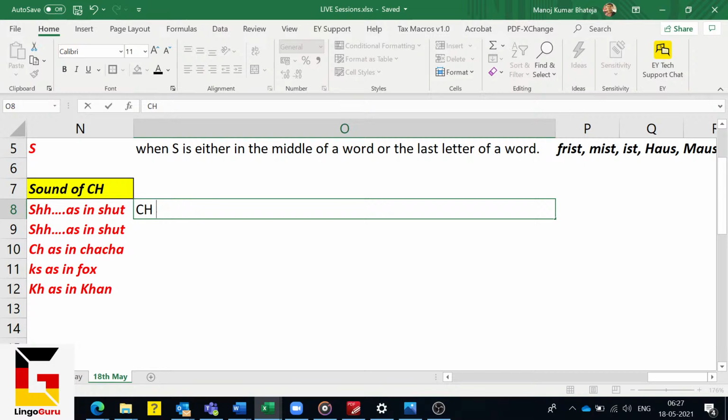when ch is after a vowel, which one? I, E, or EI, or IE, or any umlauts we have.